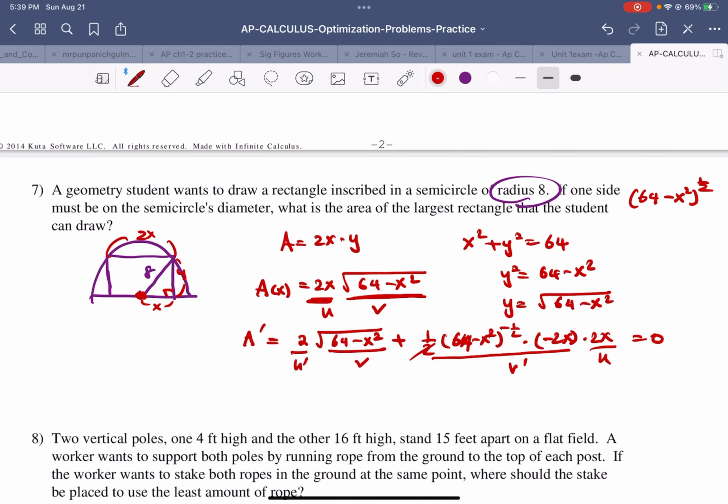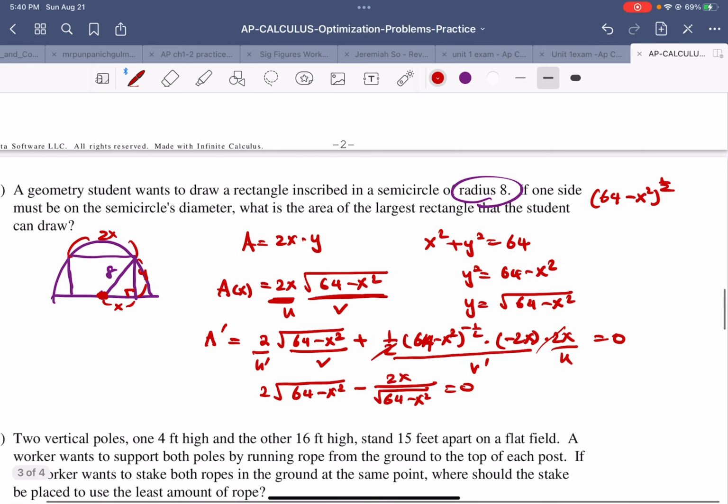So the 2s cancel out. When you simplify, 2 square root of 64 minus x squared, and now minus 2x on the top over the square root of 64 minus x squared equals 0. From there, you move this to the other side, then 2 root 64 minus x squared equals 2x over root 64 minus x squared.